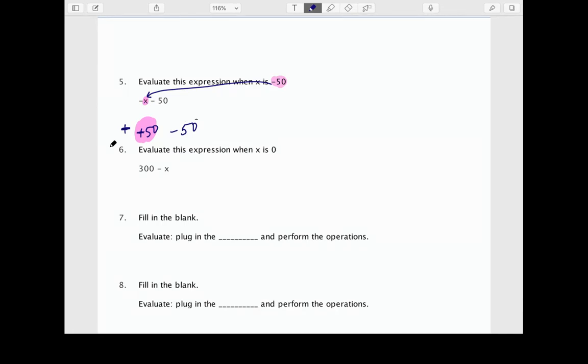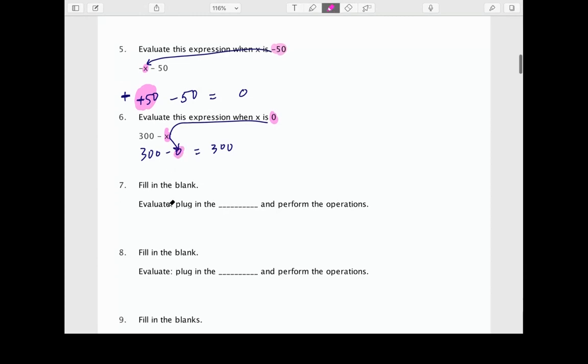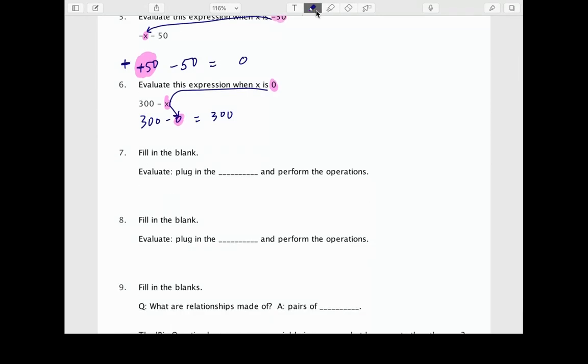So 50 minus 50 is going to be 0. 300 minus 0 is going to be 300. So you're putting that 0 in for x, shoop, shoop, shoop, just like that. Okay? And then evaluate: plug in the number, perform the operations.